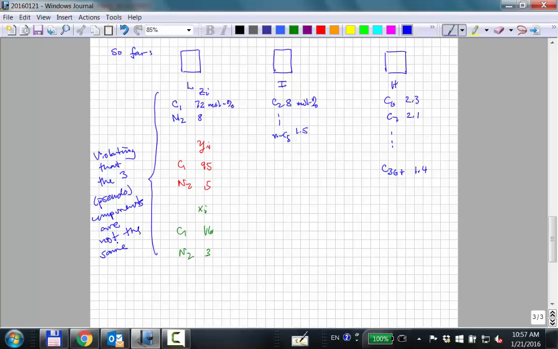Okay? Each point that we have is not the same. And because you're violating that, there's a limit to how much you can use this quantitatively.